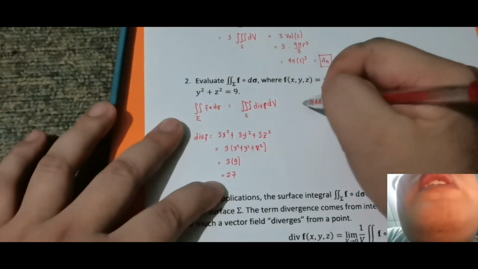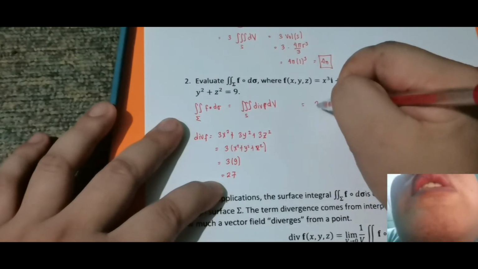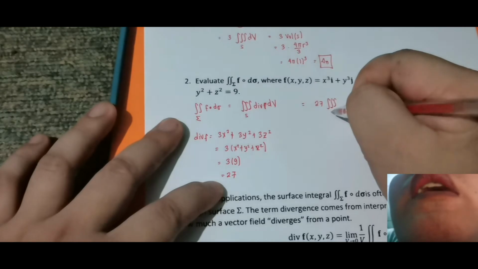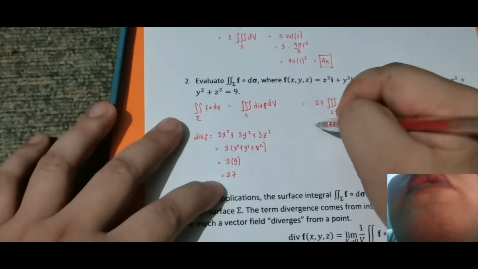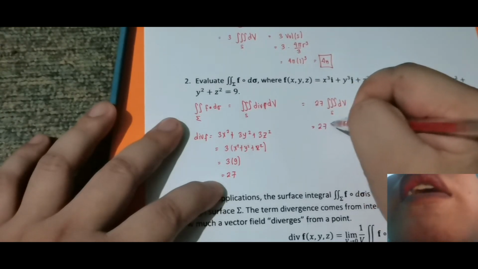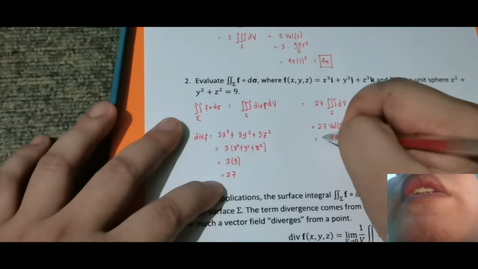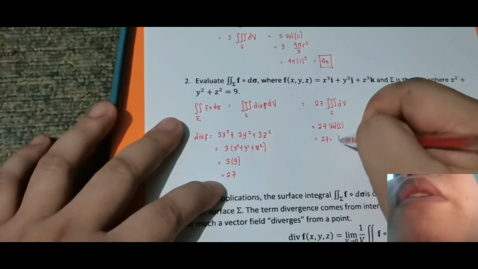So proceeding, this is equal to 27, which I take outside, times the triple integral of S dB. So this is 27 times the volume of S, wherein the volume of S is 27 multiplied by 4 over 3 pi R cubed. What is R?